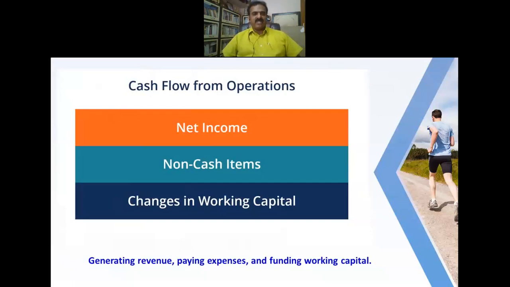So it is a combination of three items: net income, that is profit for the year, adjusted for certain non-cash items like expenses or incomes, and adjusted with the working capital items, that is to say the current assets and current liabilities. That pertains to the first activity, called cash flow from operating activity.